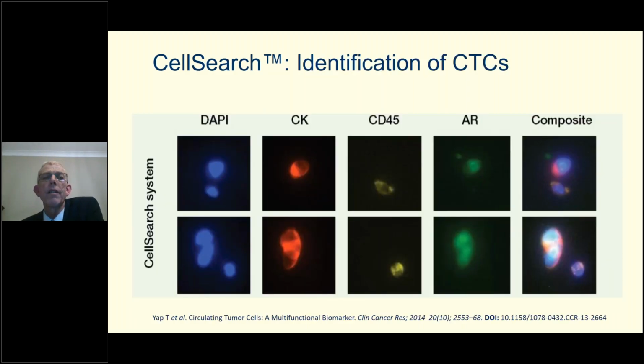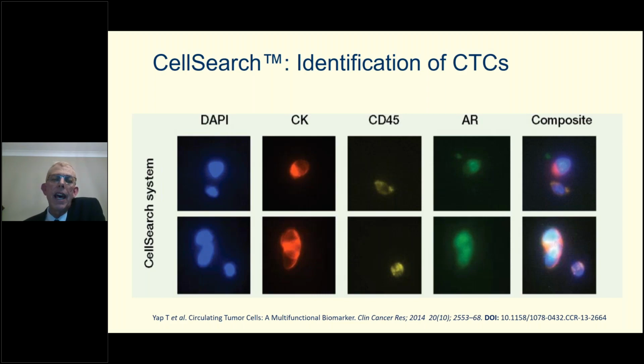So to give you an example of the kind of images that you might derive from a CellSearch analysis, this is a typical example of the type of data that you would get. This one was published in Clinical Cancer Research by Yap et al. We have a number of panels here. On the left, we have cells that are nucleated, as shown by the blue DAPI stain.